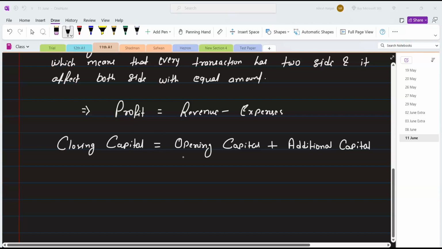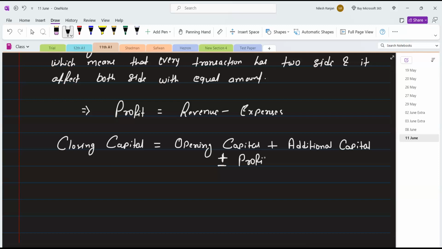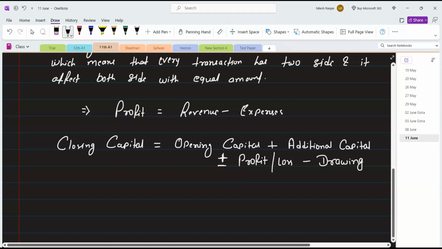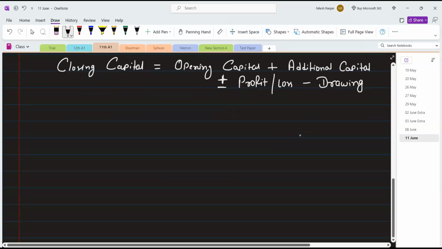So closing capital equals opening capital plus additional capital. And here I'm writing plus and minus both. So profit will be added and loss will be deducted, minus drawing. This is the formula of closing capital. Now, by using this formula, you can calculate profit or loss also.